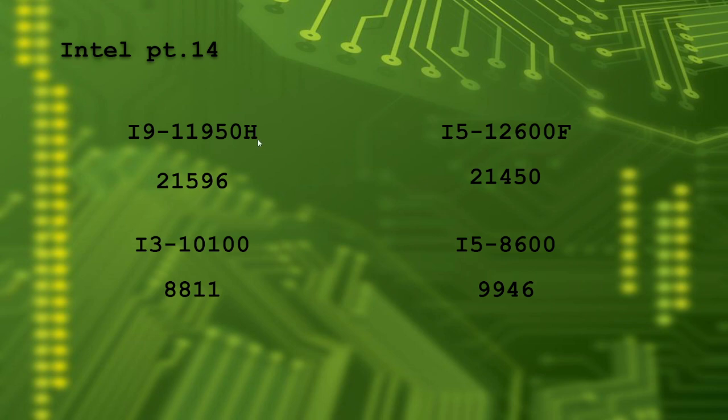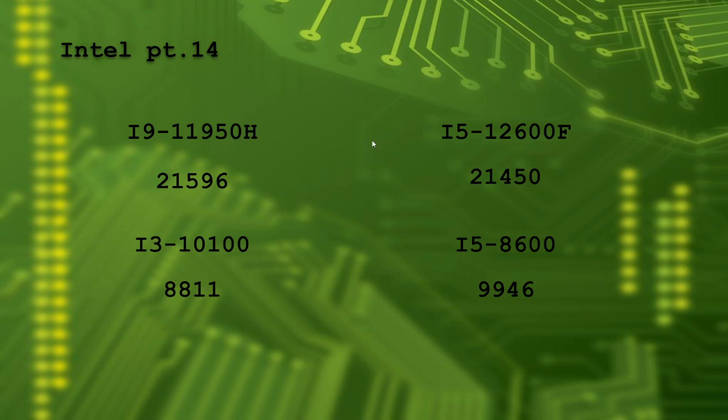Now, I know I said that H is high power draw. I will say this: no matter what, a desktop, because it is plugged into the wall, will always have a higher power draw than a laptop. Laptops are limited by how much power they can pull from the battery, which is usually limited to prevent overheating.